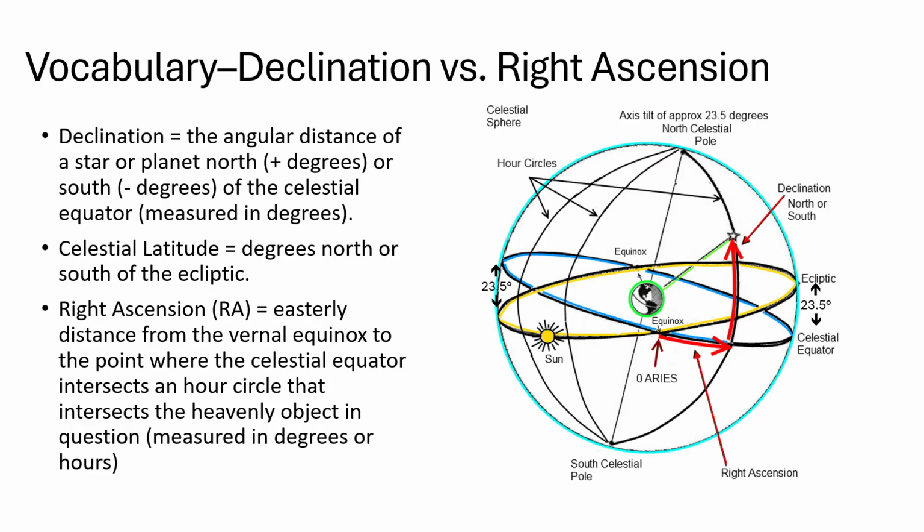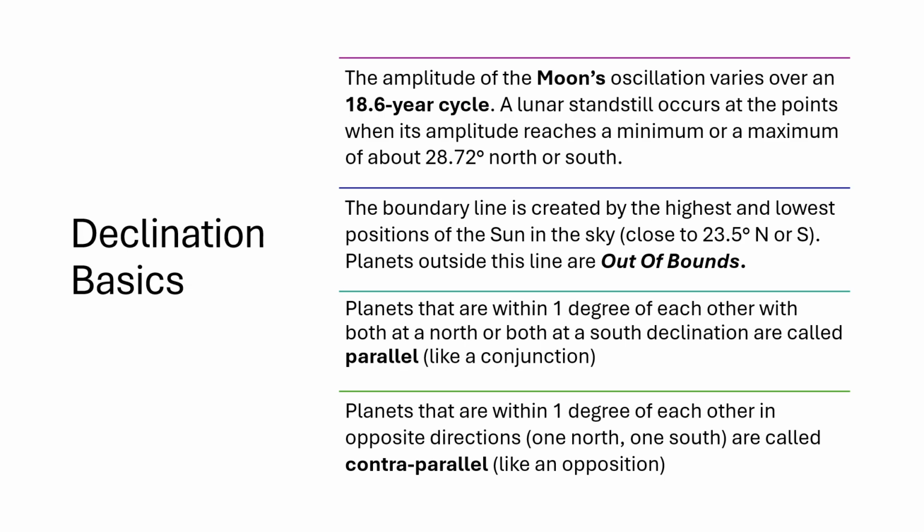So here's another little detail showing it slightly differently. And you can see the right ascension there, and then the declination north and south. So it's basically, declination is a variation on latitude. Now, the moon will vary over an 18-year cycle, 18.6-year cycle, in terms of how high or low it is on that same declination path.